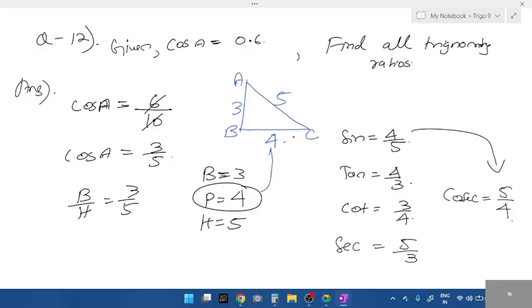So even without a triangle, you can do it, students. It's the same. But teachers will expect you all to draw a triangle. If not, they'll reduce marks. Okay, fine. Shall we do the next one?